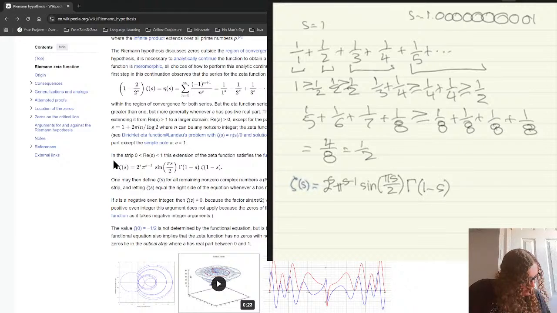I've seen it before, but I don't remember exactly how it's defined. And then zeta of 1 minus s.